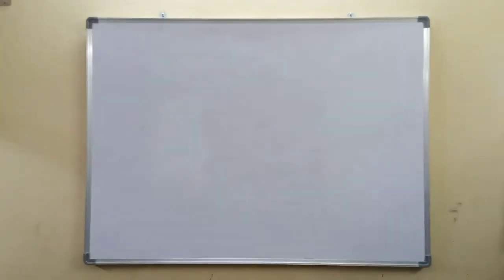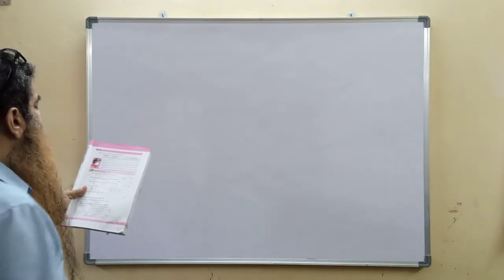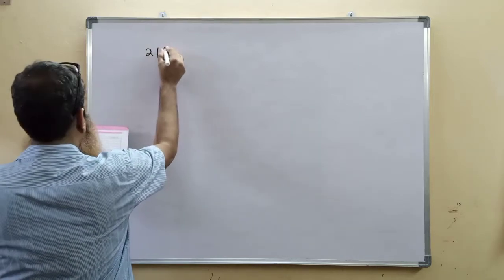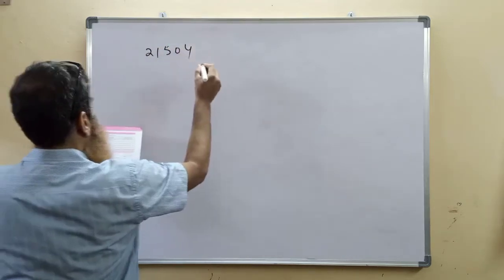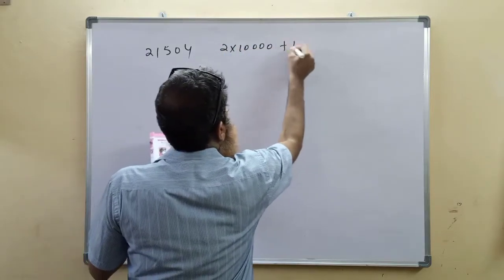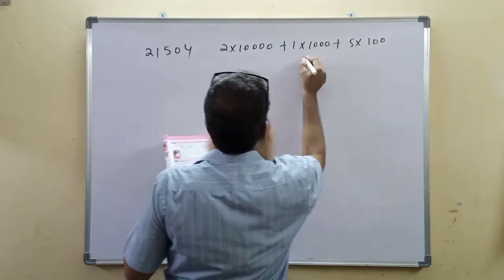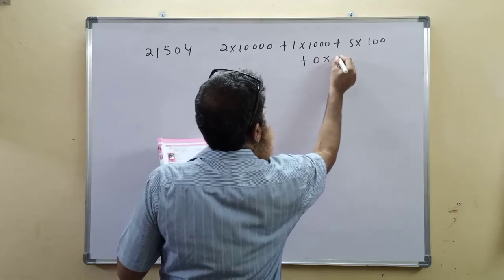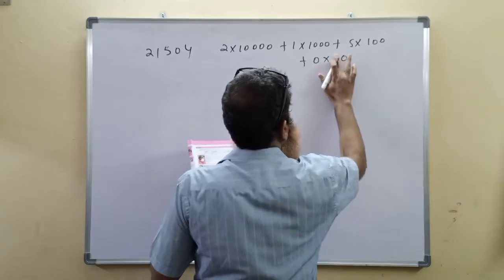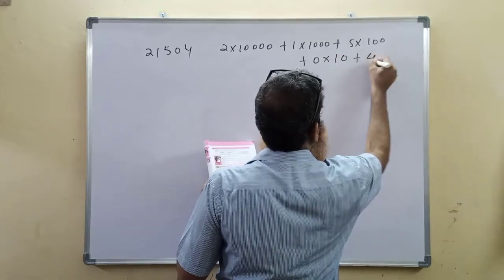Next in this series on page number 5, it is asking us to do something. Do this. Now expand the numbers as given in the example. First one is shown for you as an example. It is 21,504. So it is 2 into 10,000 plus 1 into 1,000 plus 5 into 100 plus 0 into 10 plus 4 into 1.